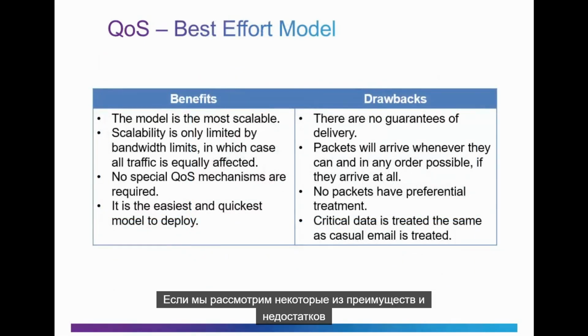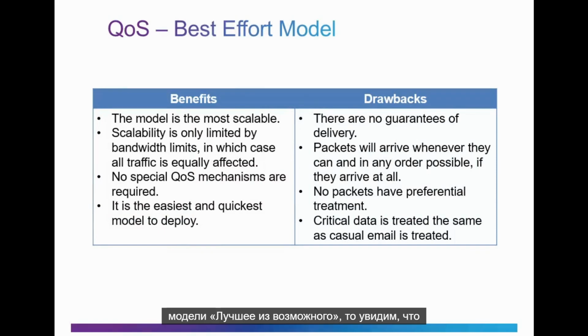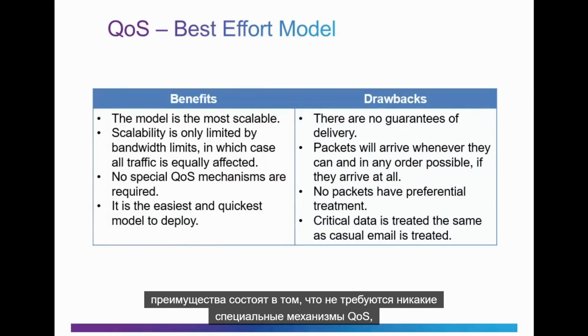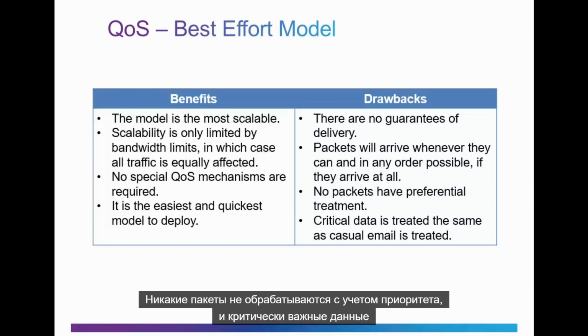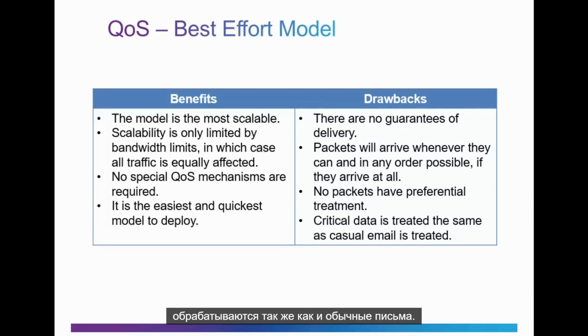If we look at some of the benefits and drawbacks of the best effort model, you can see that under benefits, no special QoS mechanisms are required, and it is the easiest and quickest model to deploy. However, under drawbacks, notice that there are no guarantees of packet delivery. No packets have preferential treatment, and critical data is treated the same as casual email is treated. Basically, this is a non-QoS solution.